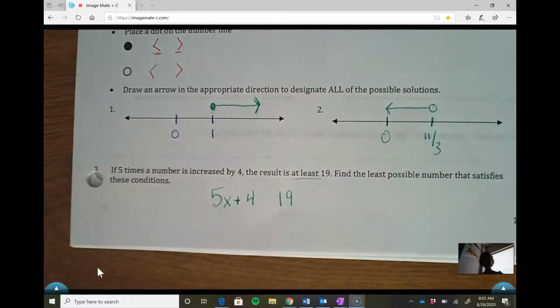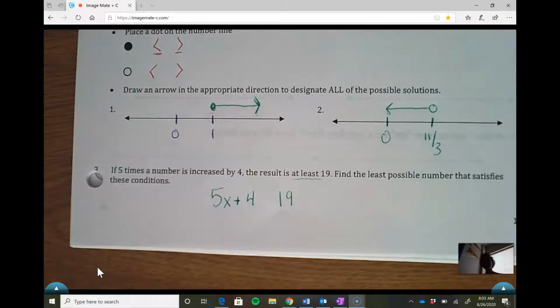Let's talk about what "at least" means. I'm sure you've all been to some type of carnival, Elitch's, whatever's downtown, and you look at the ride and it says, you must be at least 4 feet tall to ride this ride. That means you must be at least 4 feet or bigger than 4 feet.